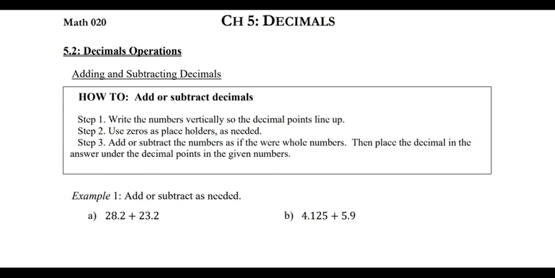And in step 3, you need to add or subtract the numbers as if they were whole numbers. Then place the decimal in the answer under the decimal points in the given numbers. You just transfer the decimal point. Okay, so pretty easy. We're not going to spend a lot of time practicing this skill.